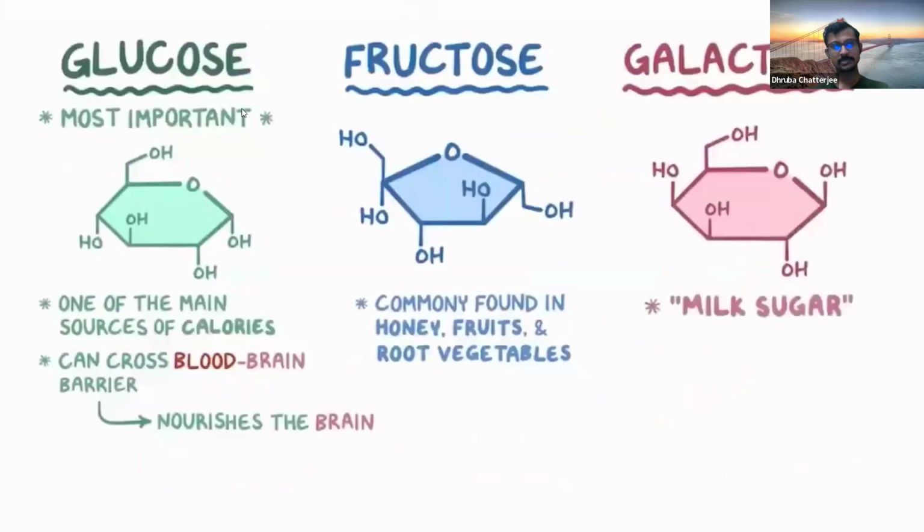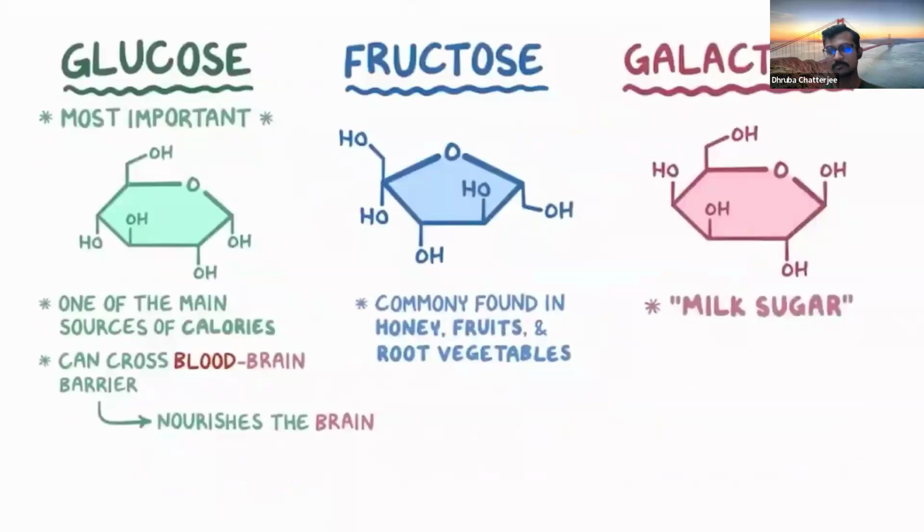So the most common examples of monosaccharides are glucose, fructose, and galactose. While glucose and galactose are aldoses, fructose is a ketose. You will see their prevalence in different food items. For example, galactose is a milk sugar.